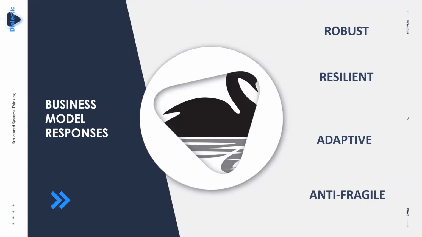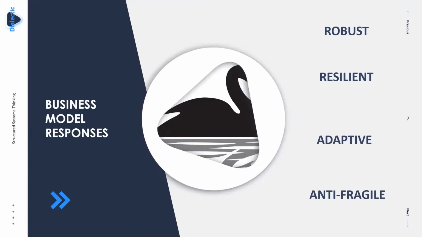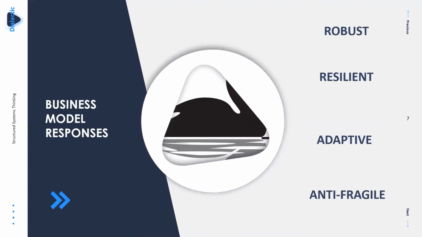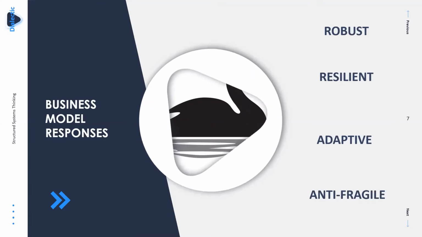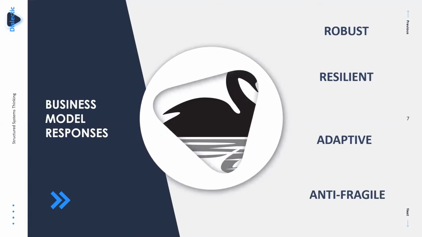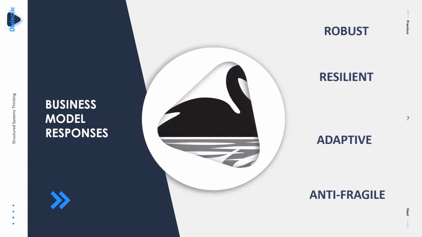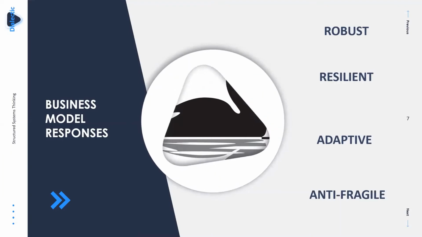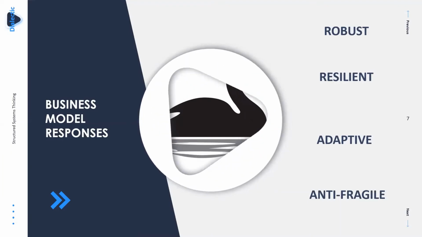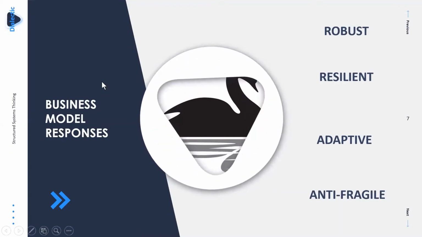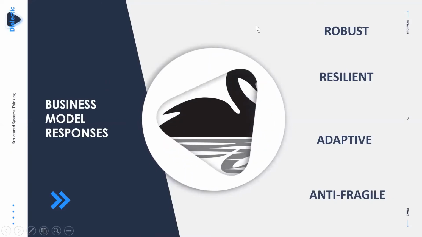However, if you call it right and you're in either a pond that gets a lot of turbulence or a black swan hits, that anti-fragile model is going to allow you to accelerate up while everyone else is just trying to stay even or minimize how far they go down. You're actually accelerating up. So it can be a very powerful business model, but it's tricky to predict when's the right time to use it.